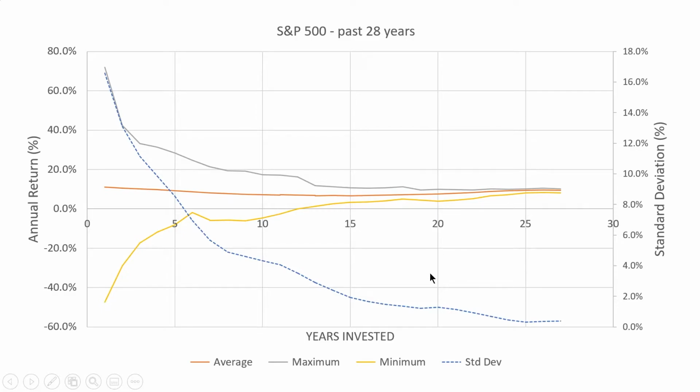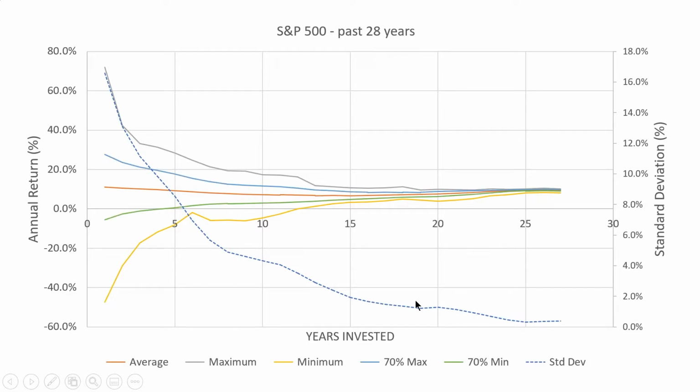So this is why it's important to invest in the long term. And you see the volatility or the standard deviation has come down to 2%, even lower than if you wanted to invest in bonds.